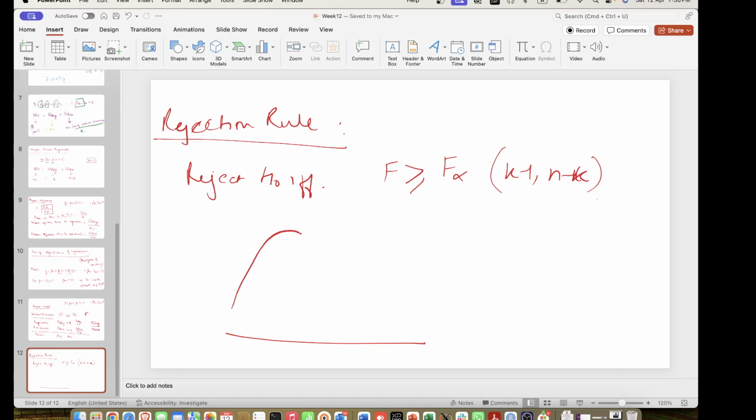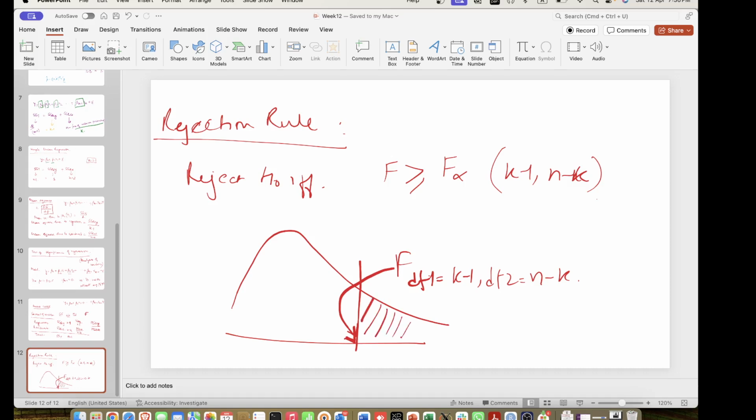This is essentially an F distribution with df1 as k minus 1 and df2 as n minus k, and if alpha is at this position, such that the area above this point is actually alpha, then this is called the upper alpha point of an F with k minus 1, n minus k degrees of freedom. N minus k, not n minus 1.